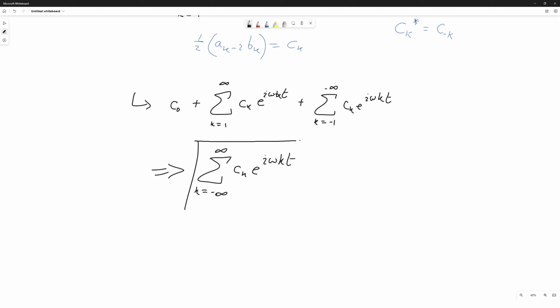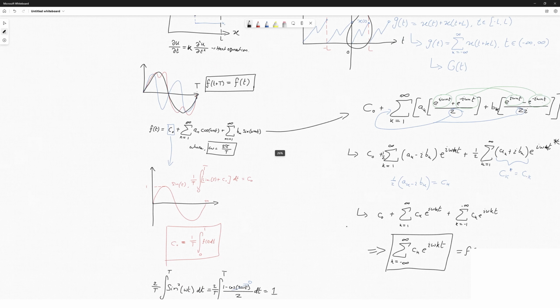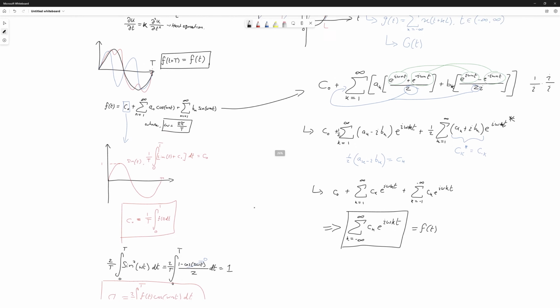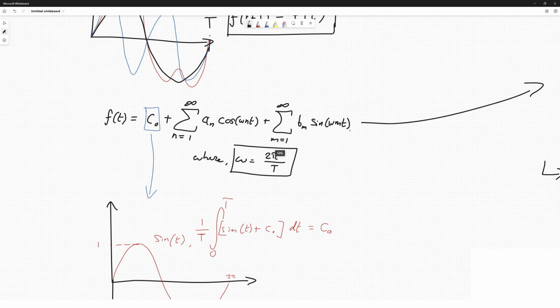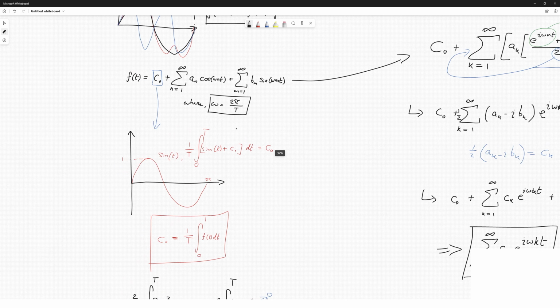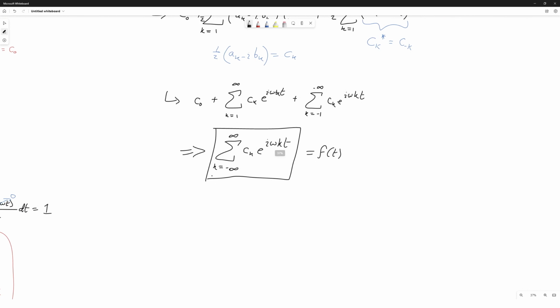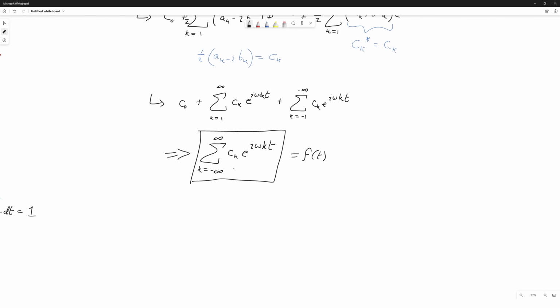And this sum is our new complex Fourier series. You can clearly see the benefits of using complex numbers, because we had this long equation that was quite difficult to work with, and now we have this small equation that even takes much less time to write.